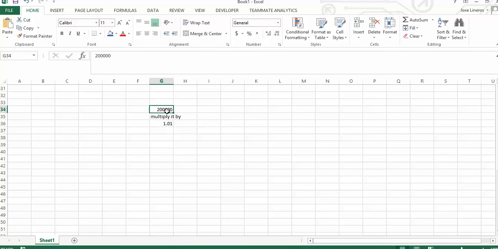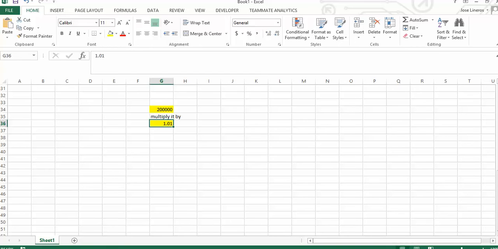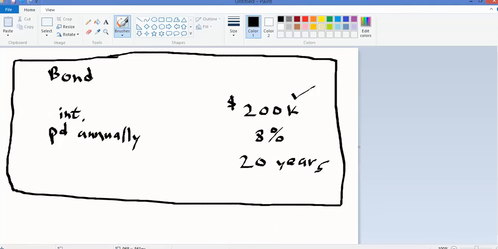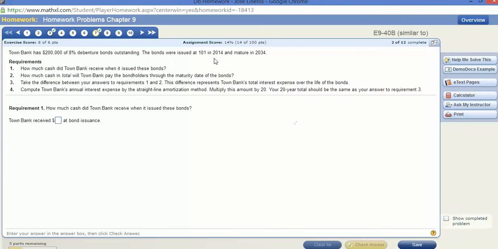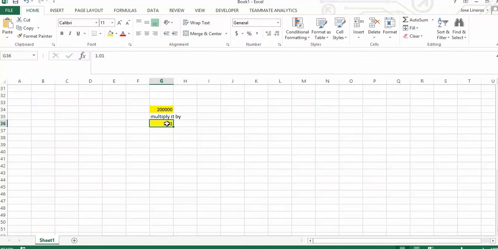So multiply this, I hate that color, by this. Keep in mind, if the issue, like in the previous problem I covered, was issued at 95.5, you would put instead here 0.955, below 100%. But we're over 100%, so it's 1.01.